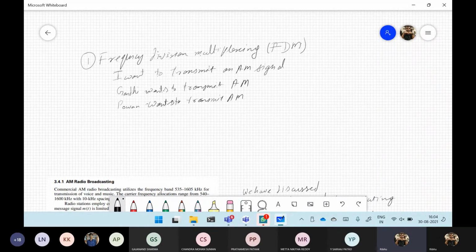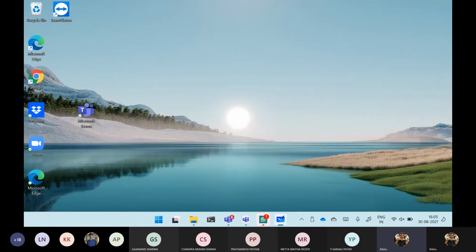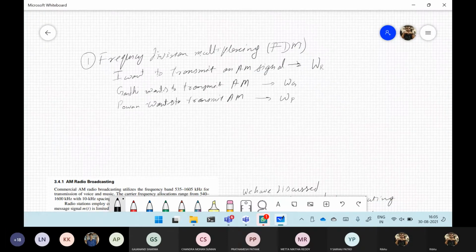So what I will do is, let the bandwidth of the signals be WR, WG, WP. And what I can do is I can design that.